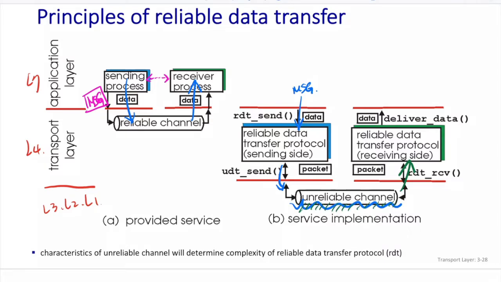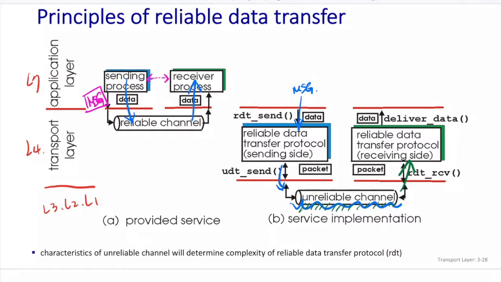So these two programs, the left-hand side blue one and the right-hand side green one, should come up with some mechanism to recover those lost packets, to deal with the bit error problems, to deal with the out of order problems, something like that.